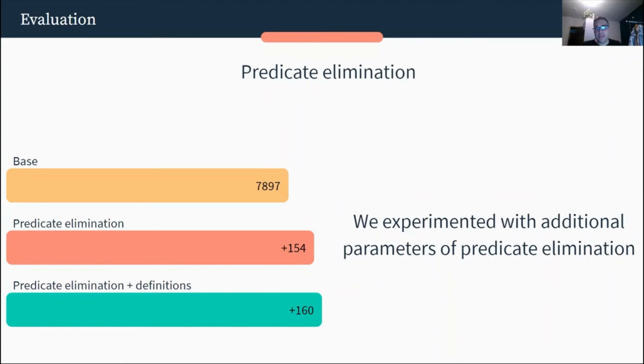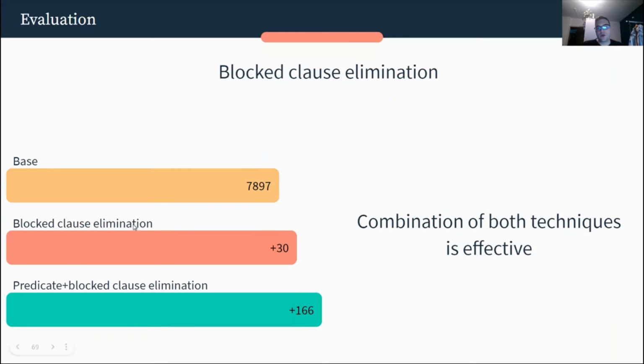For predicate elimination, we see that using gates or definitions in first-order logic improves a little bit on predicate elimination, but that in general predicate elimination is a very useful technique to have. And we also saw that when combined with block clause elimination, predicate elimination is very effective.